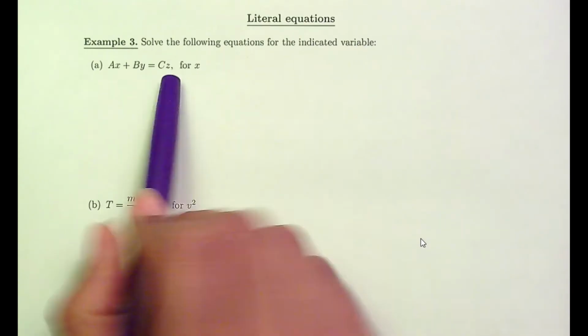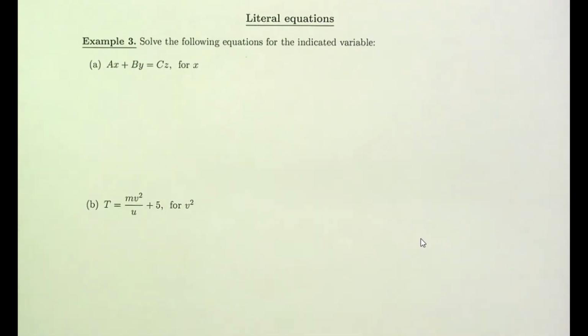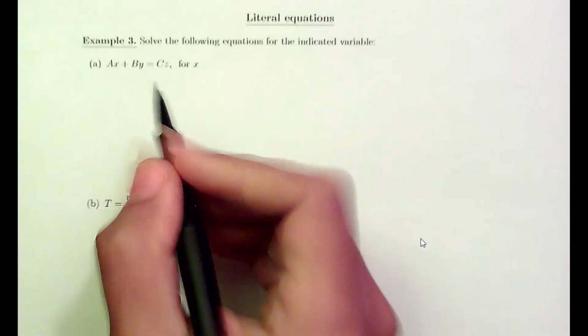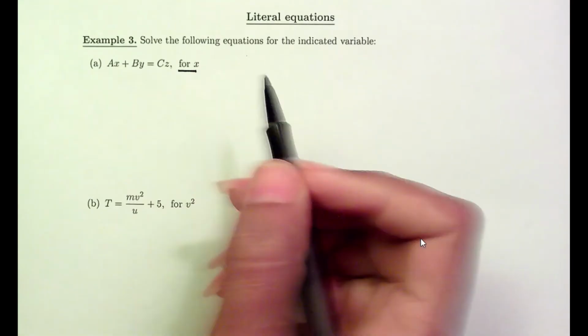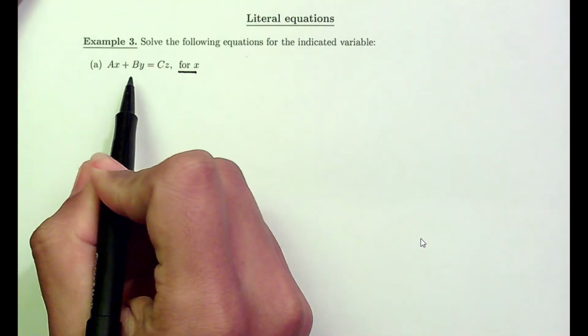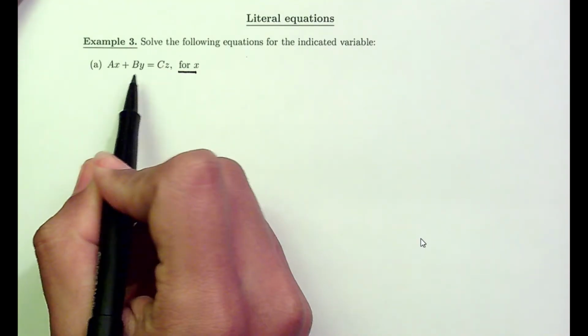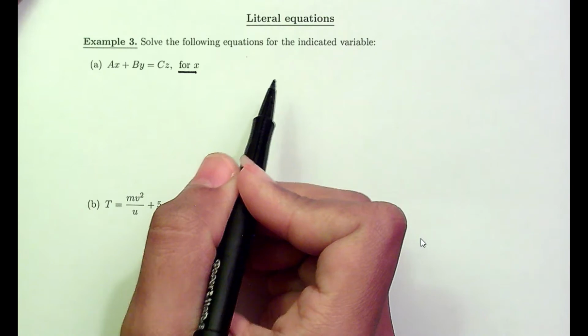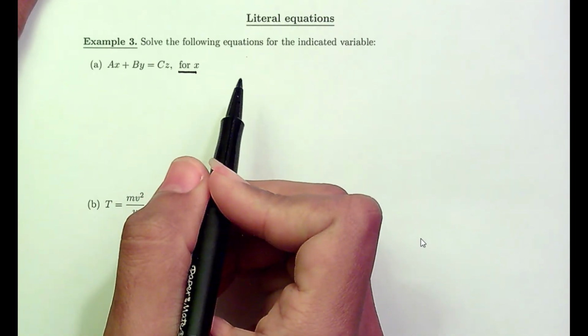So, for example, this one says ax plus by equals cz. Let's say we want to solve this equation for x. They tell us for which variable we want to solve. So that means we want to isolate the x, and therefore everything else needs to move away to the other side.